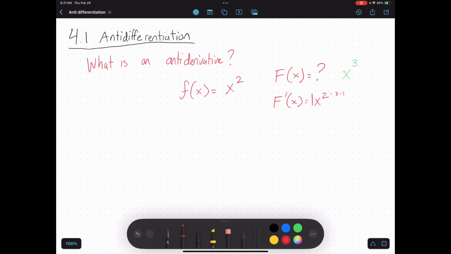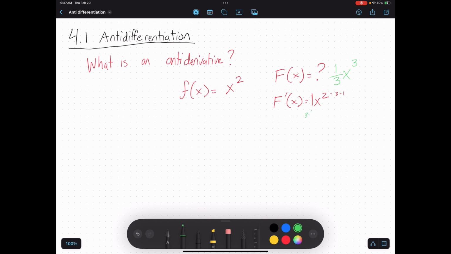But when I take the derivative of x cubed, I can't just leave it as x cubed, because when I take the derivative of it, I'm going to bring the 3 down as a constant in front. Well, what I can do is adjust for that by simply multiplying this by 1/3. Now, if I take the derivative of 1/3 x cubed, I'm going to bring the 3 down. 3 times 1/3 gives me that 1.